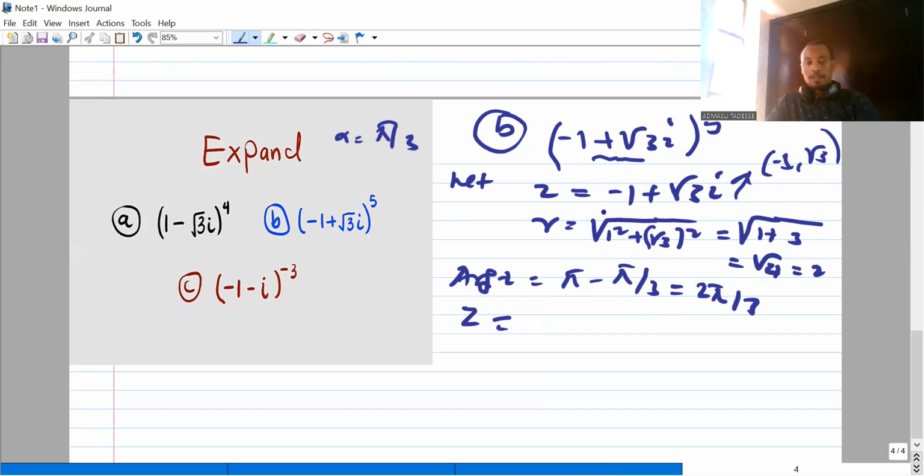Right, we now write it in polar form. We have not gone to the power of 5 yet; we are converting the inner part to polar form. The inner part is r cos theta, that is 2 into cos of 2 pi over 3 plus i sin 2 pi over 3.